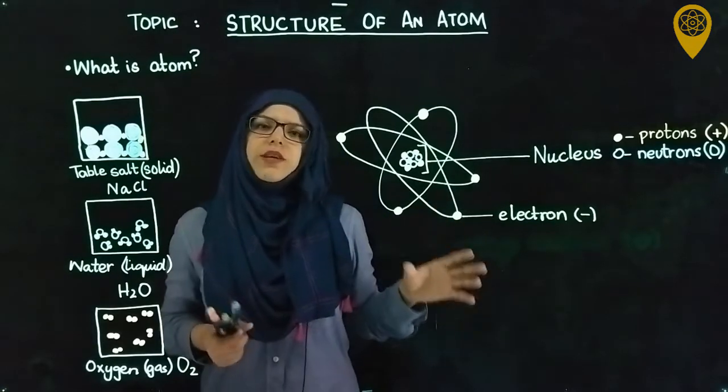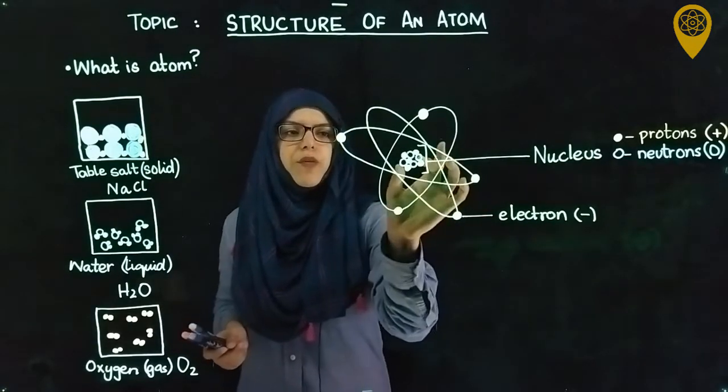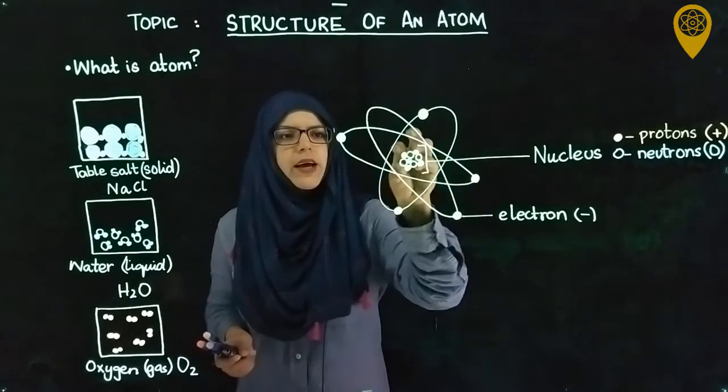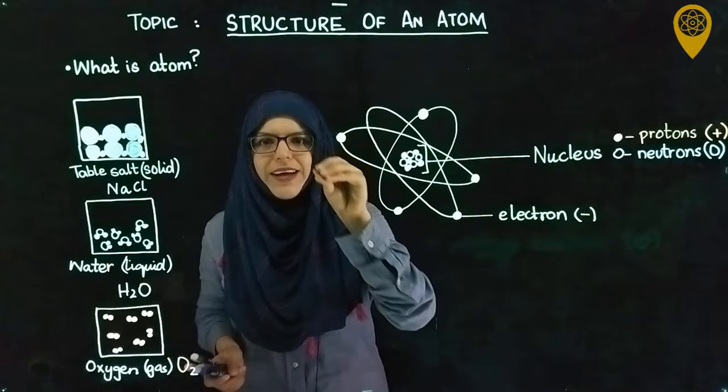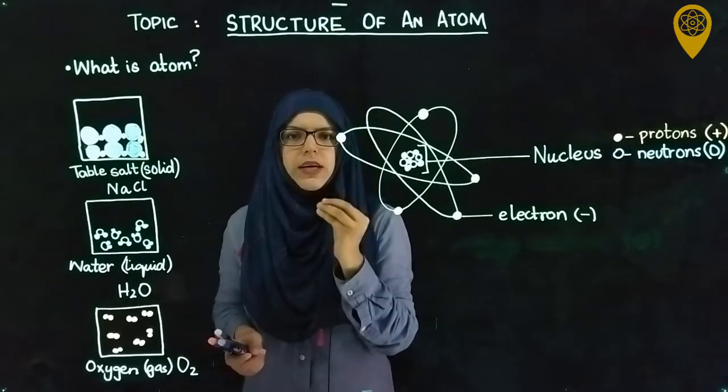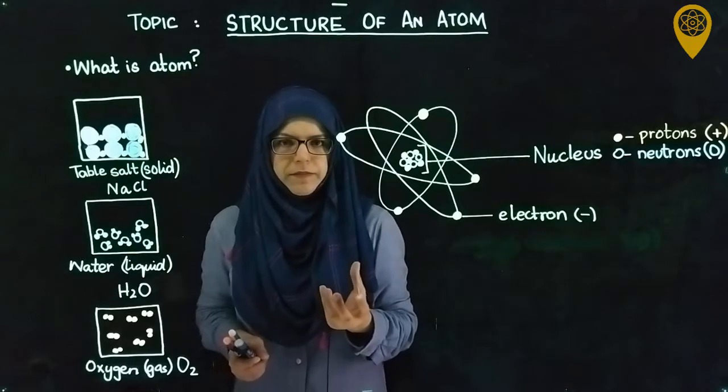Neutrons का काम सिर्फ और सिर्फ ये होता है कि वो protons को nucleus में hold up करके रखें ताकि एक centralized positively charged hub या center या nucleus बन सके.